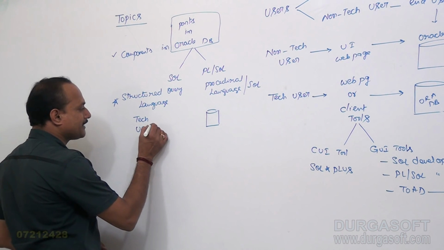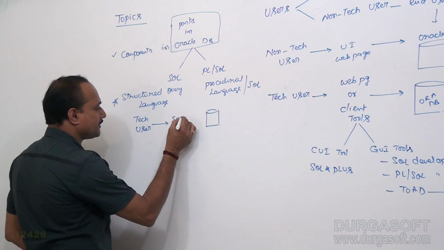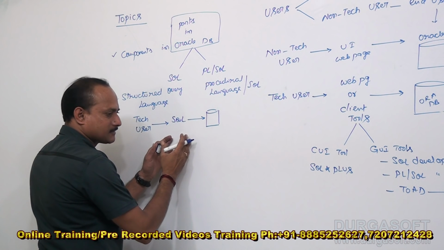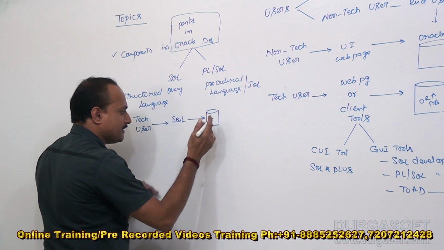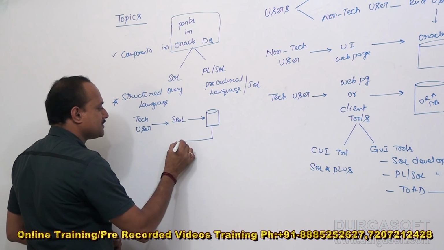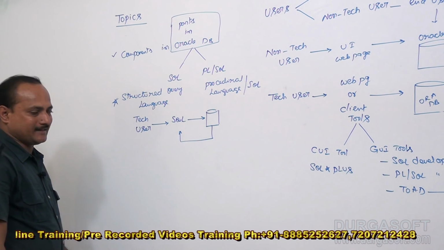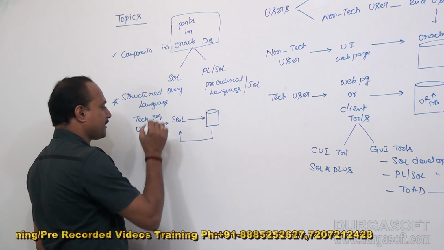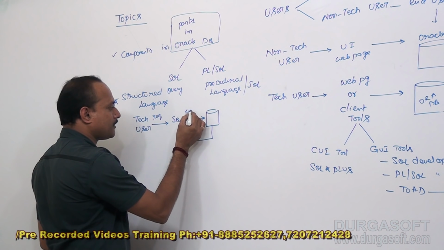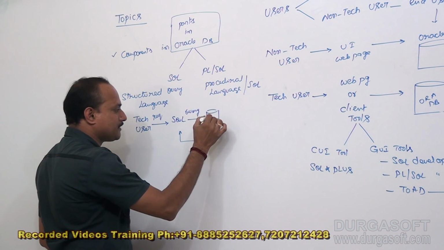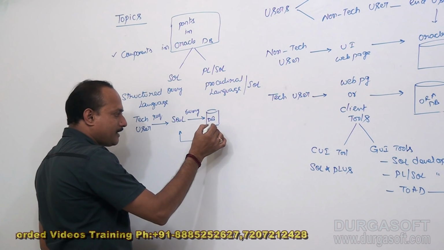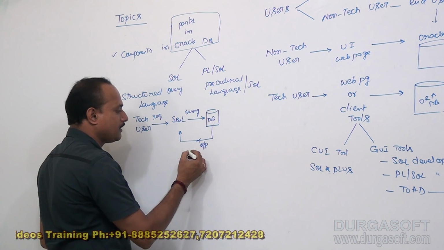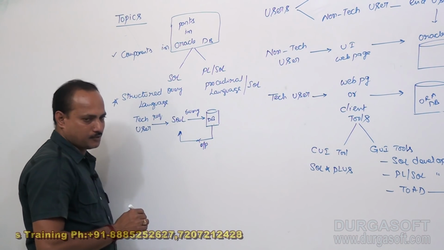So the technical user is communicating with the database through SQL. He is making some order, and the order should be executed from the database. The request should be written in the form of a query. The query is executed against the database, and the output is replied in the SQL window.